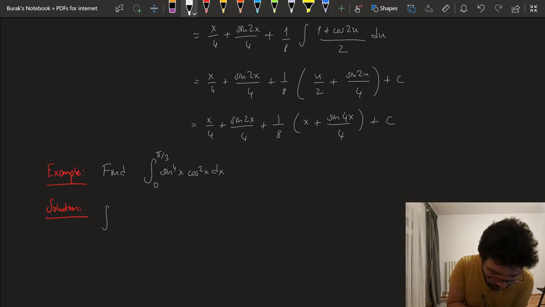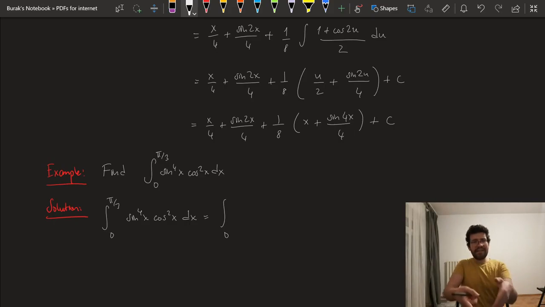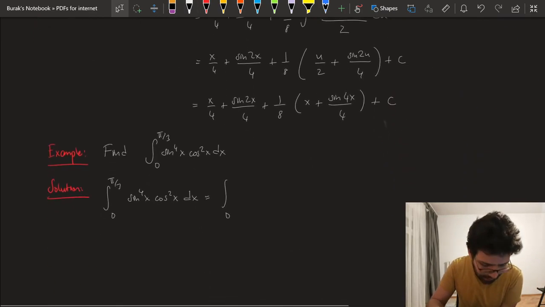So I'm going to try to use those half angle identities that I mentioned. By the way, there's an easier way to get this integral by using the fact that sine 2x is 2 sine x cosine x, but let's not do that. I'm going to do it directly using these identities.